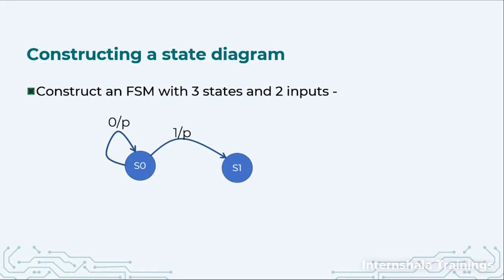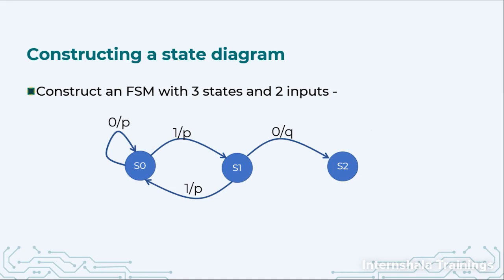Now we will consider S1. If the input is 0, we are transitioning to S2 and the output is Q. And when the input is 1, we are transitioning to S0 with output value P. Now S0 and S1 are completely covered. Let us come to S2.